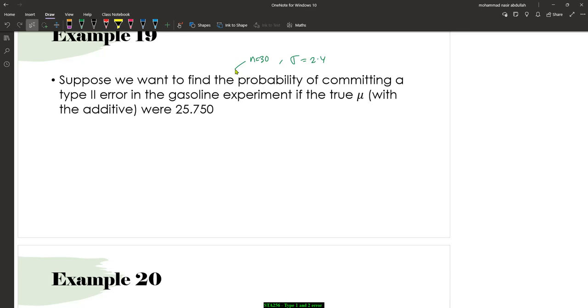So we want to find the type 2 error, which is beta, which is equal to the probability of we're not rejecting a null hypothesis, we are accepting a null hypothesis. Accept null hypothesis when null hypothesis is false, right?